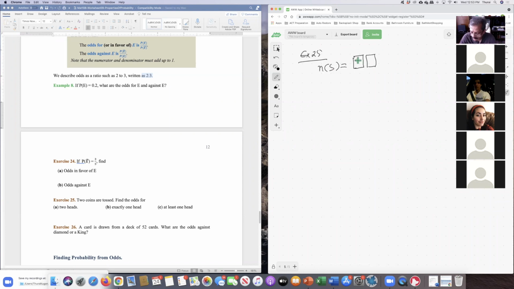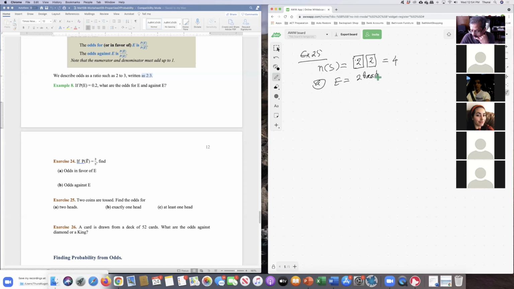There are 2 ways to fill the first, head or tail, and 2 ways to fill the second, so there are 4. Part A is asking for 2 heads.